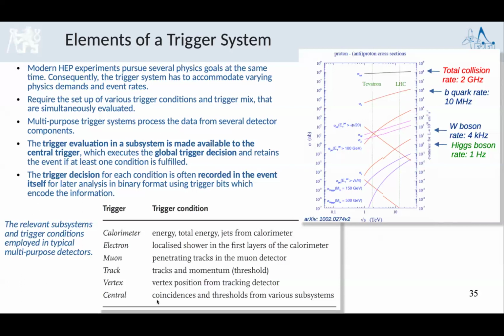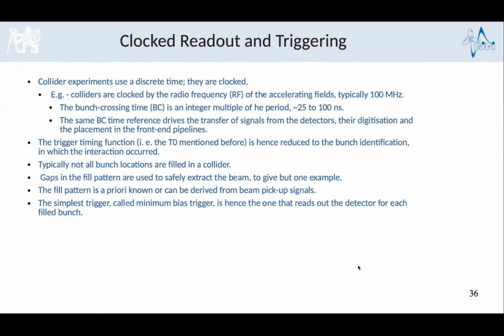Also centrality, that means how central the collision was in that event. So you can require different levels of triggers and type of information depending on the design of the detector. So you can implement a very large mixture of conditions to do the selection of data.